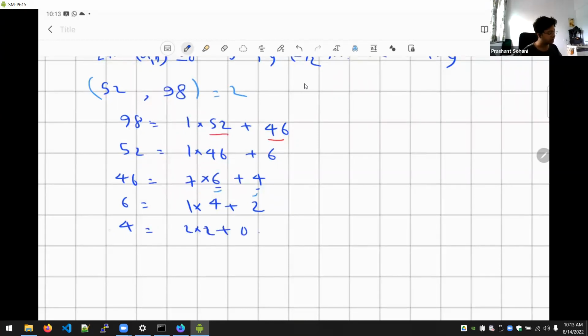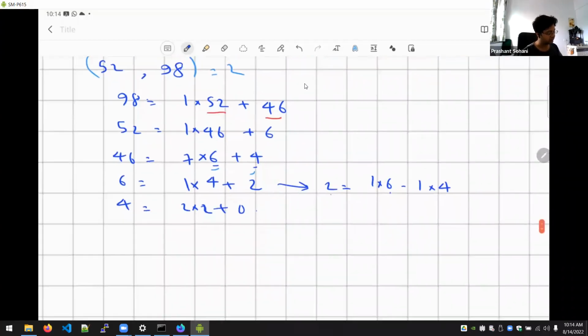Now from here onwards, I want to start reversing the process from this step. If I take everything to one side, I can write 2 as equal to 1 times 6 minus 1 times 4. So I know 2 is the GCD of 6 and 4, and I also found the linear combination of those two. I just have to keep going back up this chain.